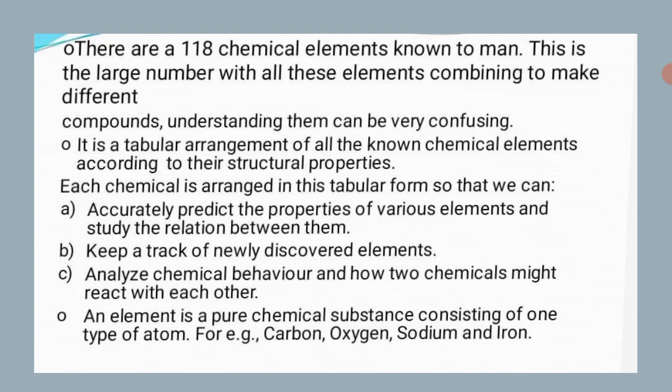Each chemical is arranged in this tabular form so we can accurately predict the properties of various elements and study the relation between them, keep track of newly discovered elements, and analyze the chemical behavior and how two chemicals might react with each other. An element is a pure chemical substance consisting of one type of atom, for example, carbon, oxygen, sodium, and iron.